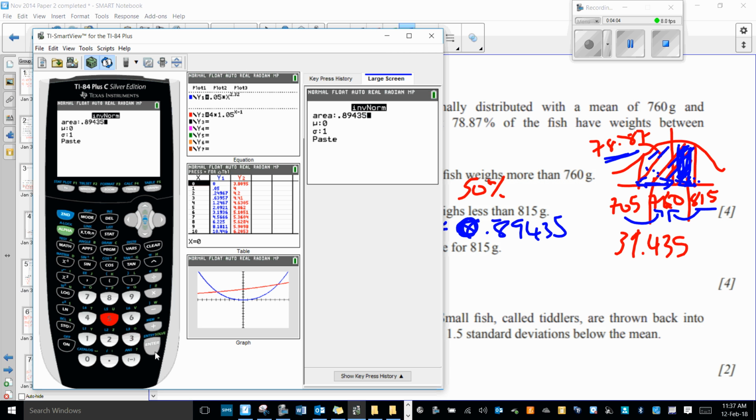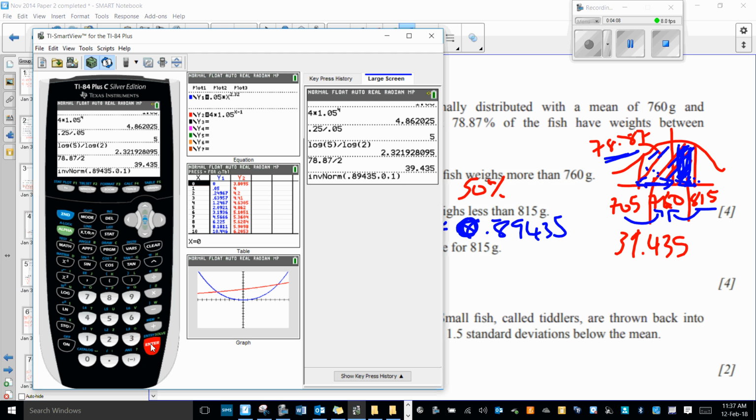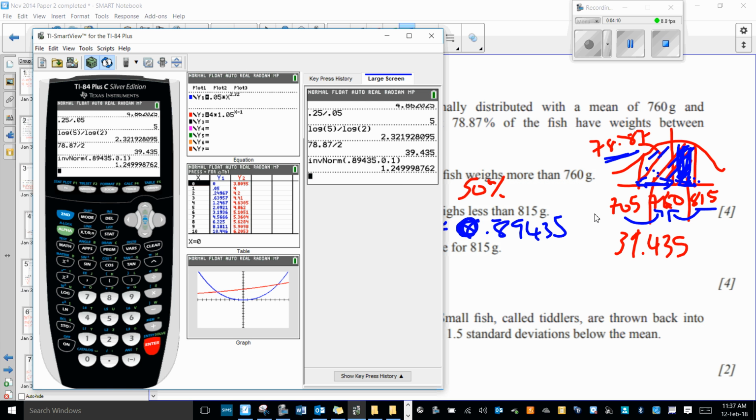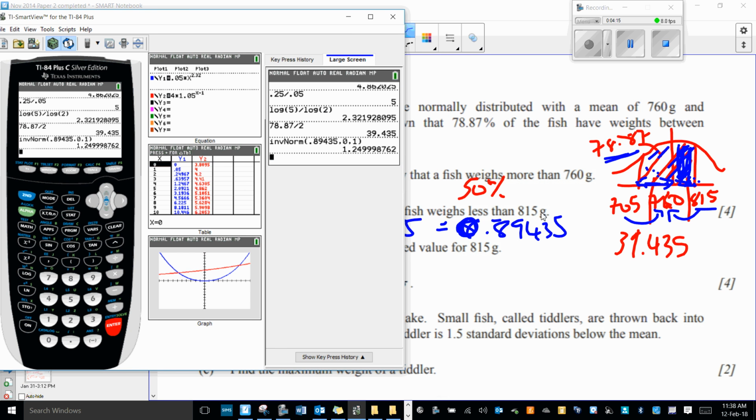And we keep the mean as 0 and the standard deviation as 1. Now that's going to tell us the equivalent z-score, because we use the same probability as for the 815. So that's 1.2536.